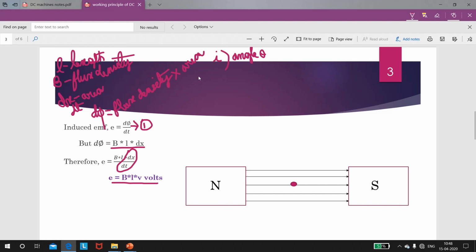Second case, I will consider that the conductor is moving parallel to the flux. And third case, I will consider that the conductor is moving perpendicular to the flux.